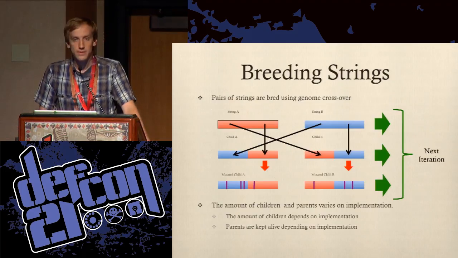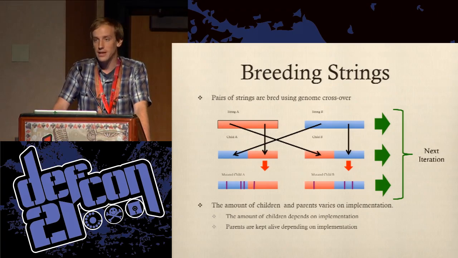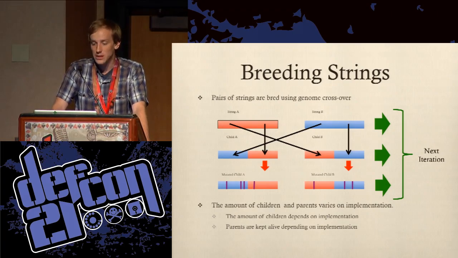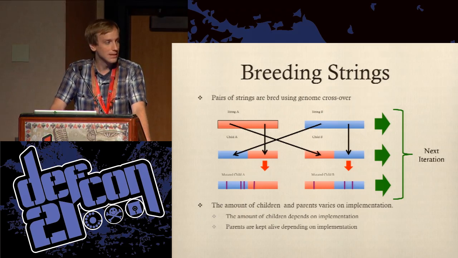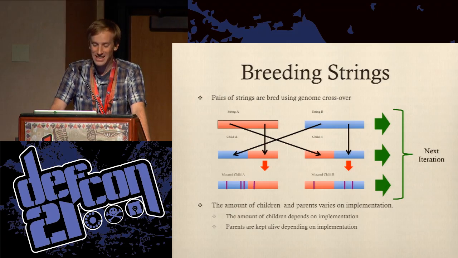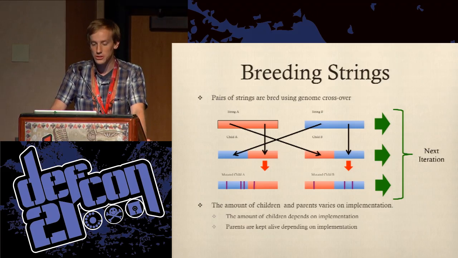Once we've found out what a creature's score is, we breed the top scores and kill the underperforming scores. A good chunk of genetic algorithms use this genome crossover, and this works really well in our domain because we have these variable-length SQL injection strings that we need to breed against each other.